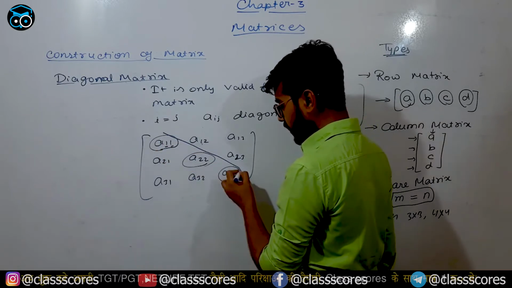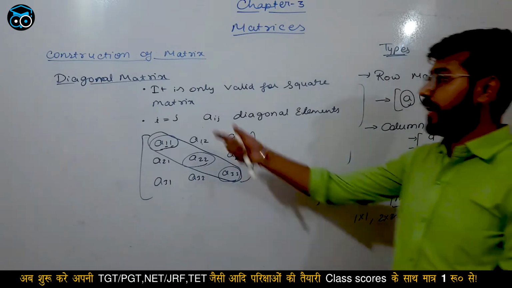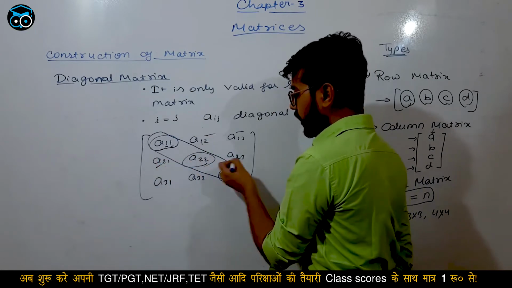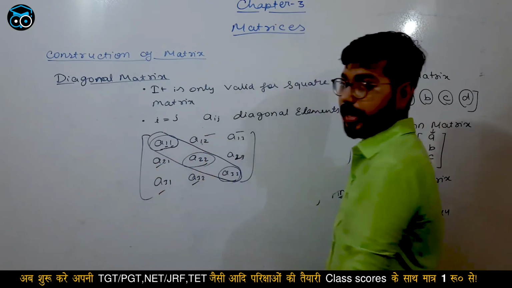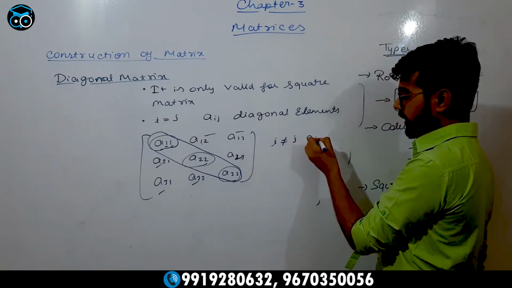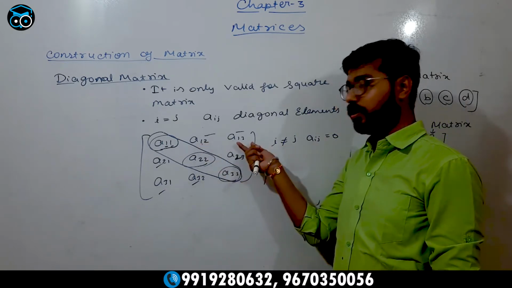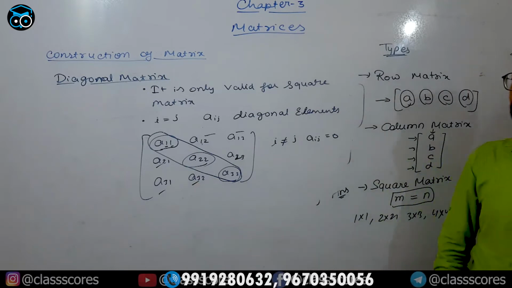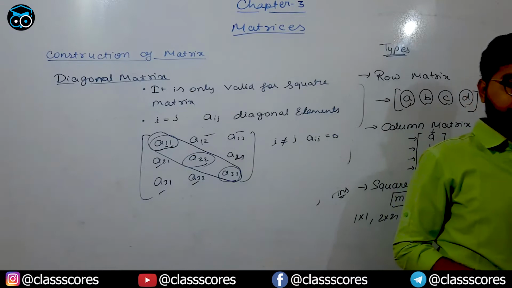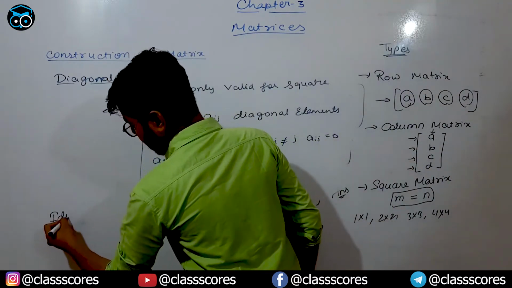So we can say this is our diagonal part. And in diagonal matrix only diagonal values are given and rest all the values are 0. Means when i is not equal to j, then aij is equal to 0. All the elements in which i is not equal to j are equal to 0. These matrices are known as diagonal matrix. Clear?